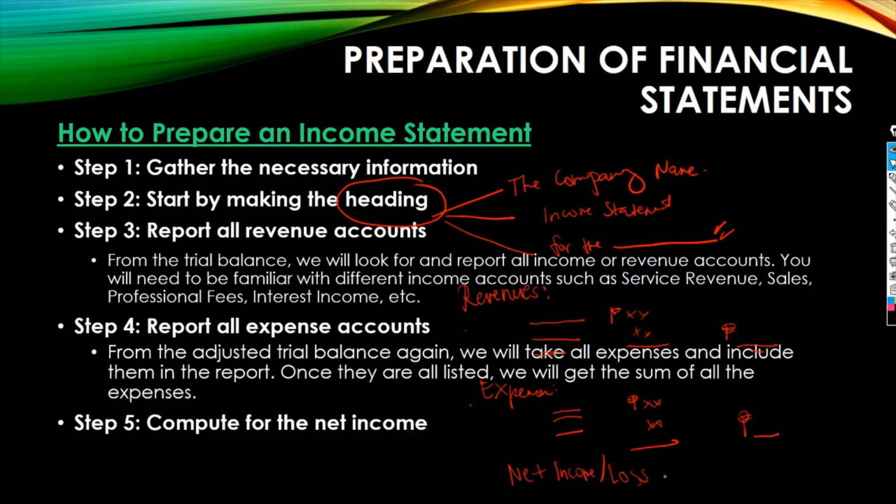How will you come up with this? You will just deduct the total amount of expenses from the total amount of revenues. If you have 100,000 revenue and, for example, expenses of 25,000, then our net income is 75,000. For this amount, we should double rule it.